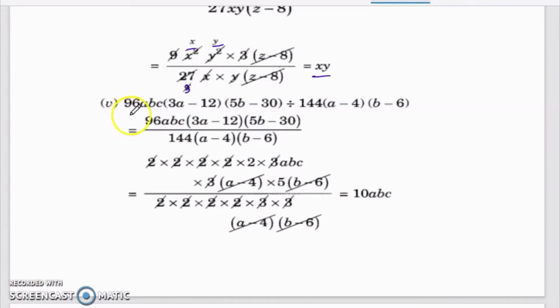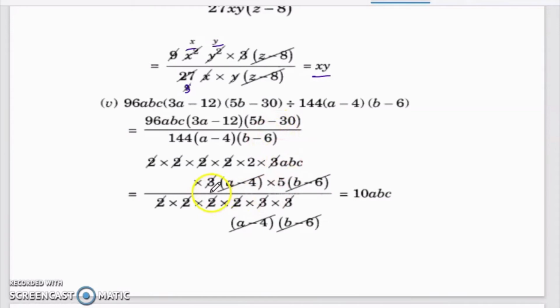The next one, 96abc into (3a − 12) into (5b − 30) divided by 144 into (a − 4) into (b − 6). So between these two, 3a − 12 and 5b − 30, you can take common factors. So 3 in bracket you will get (a − 4) and here also 5 can be taken common between 5b and 30.